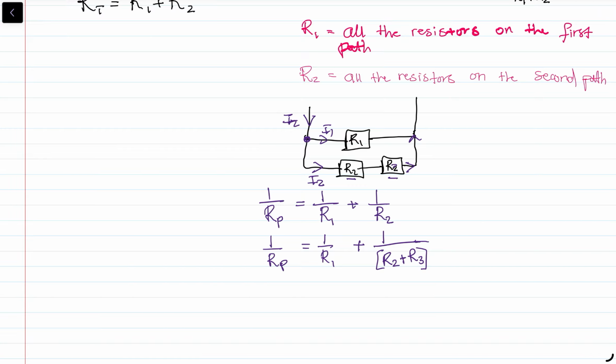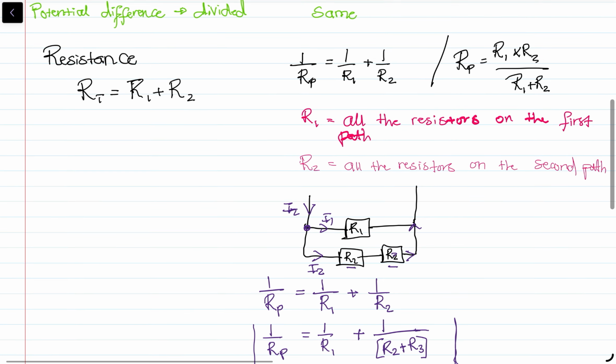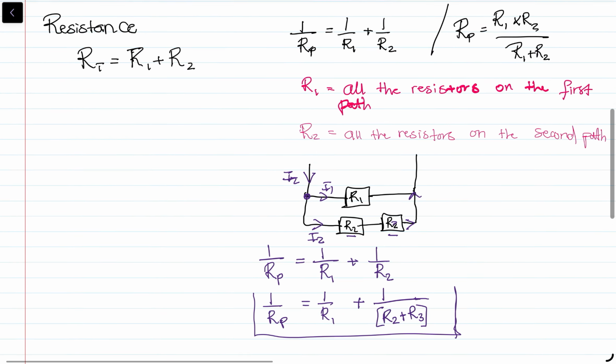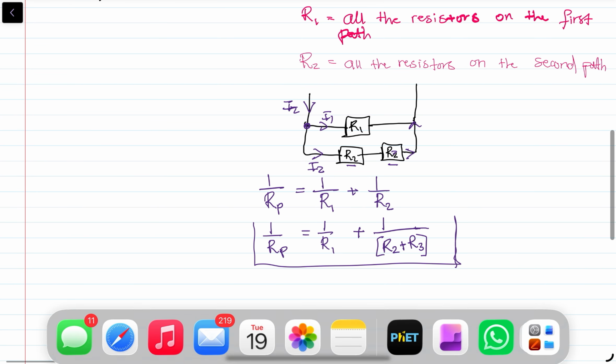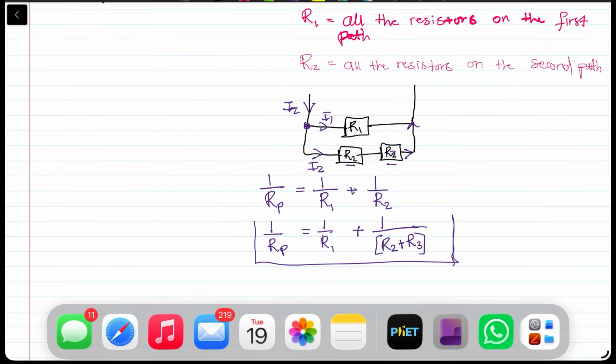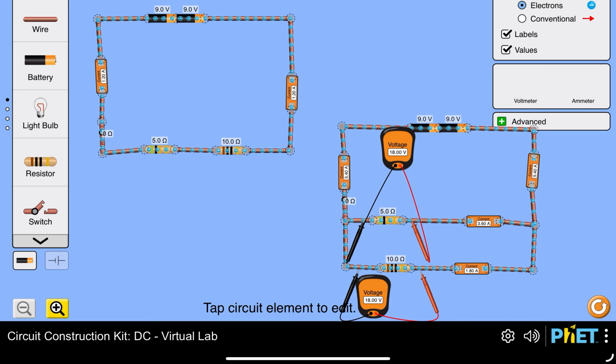Because they're experiencing the same current. That is how it is. And now I want us to go back to the PhET simulations to see exactly what I mean by this.